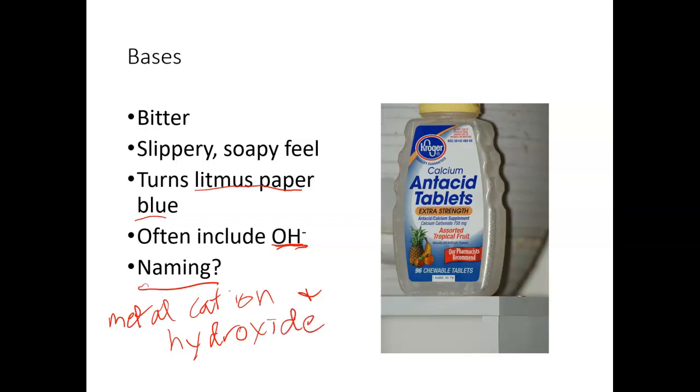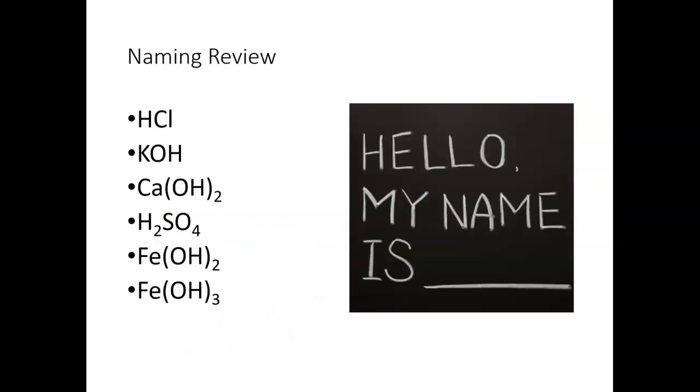So let's take a look at a little quick naming review. So these are some acids and bases. I suggest that you take a moment to pause the video, check and see whether you can come up with the names for all of these.